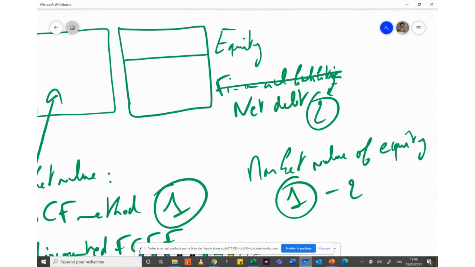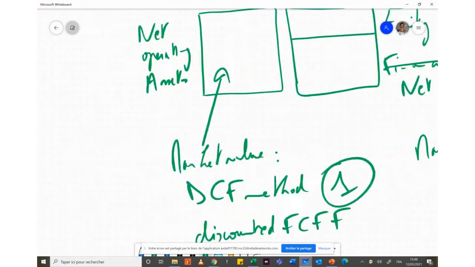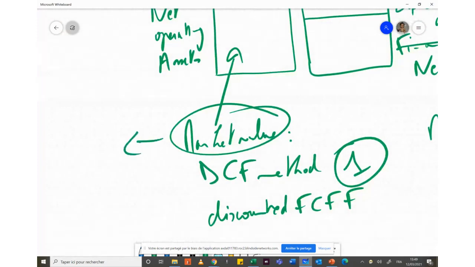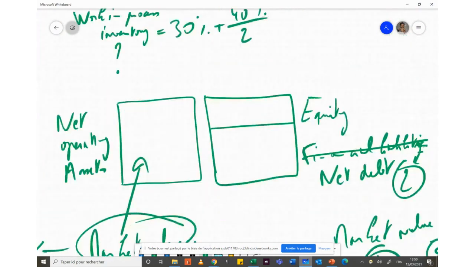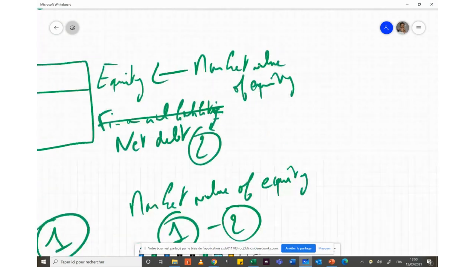The market value of this is what we name also enterprise value. The enterprise value is the market value of equity, the market capitalization, plus the net debt. If you add the two, you have the enterprise value.